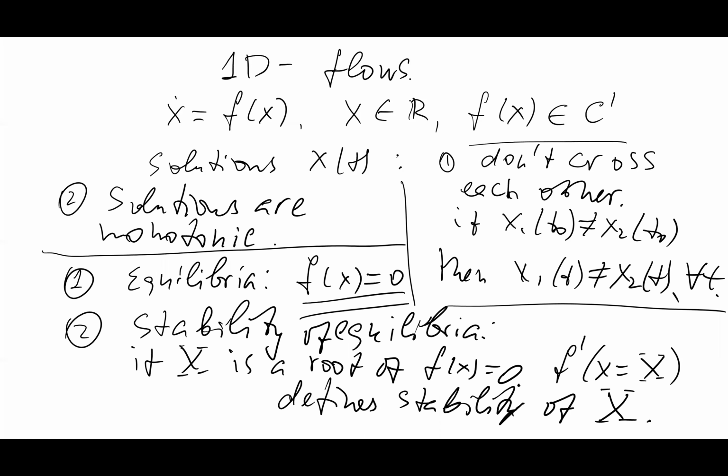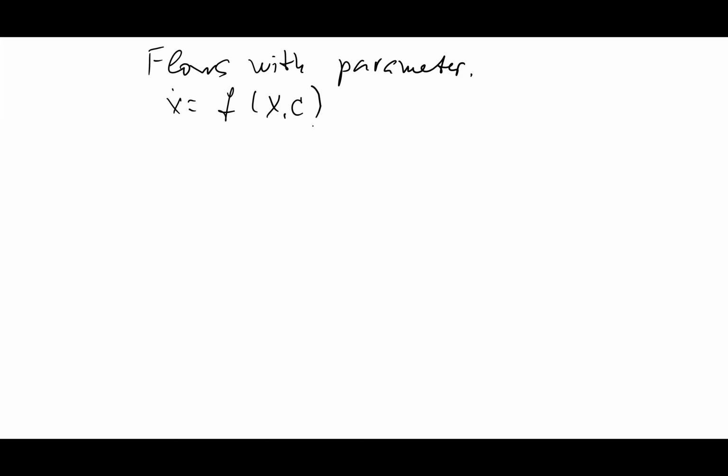The next part of the story is more challenging: flows with parameters. So we considered a flow with one parameter only, still autonomous, and we have parameter c. Now this function should have both first partial derivatives continuous. So let's put it like this.